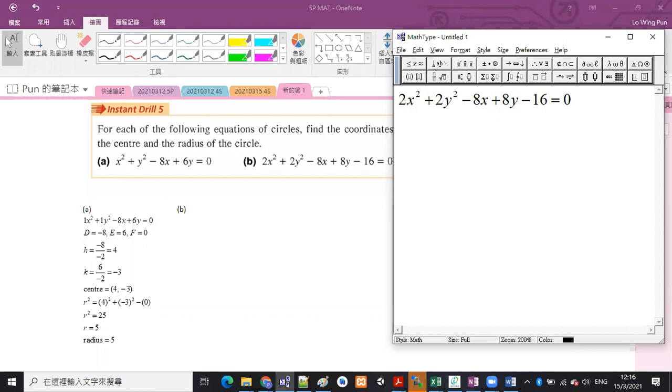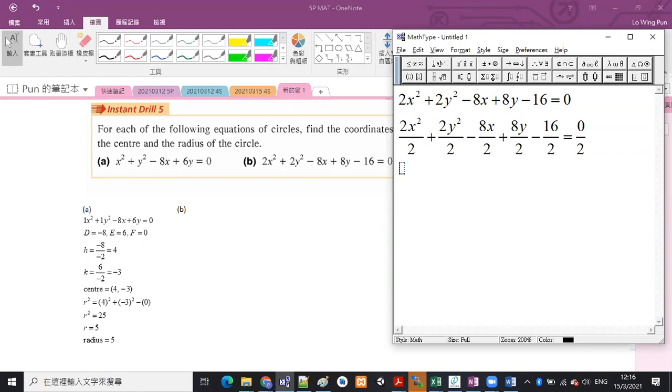So we need to divide the whole equation by 2. Okay, that's like this. 2x squared over 2 plus 2y squared over 2 minus 8x over 2. Every term is divided by 2. Minus 16 over 2 equals 0 over 2. Okay, we do the same thing on every term in the equation.